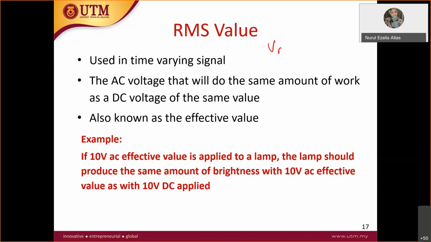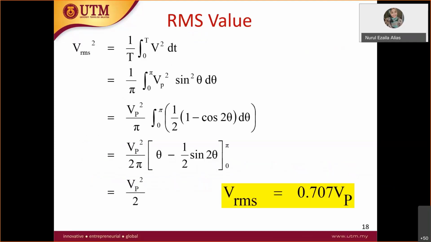The V RMS value must be converted to V peak. How do you convert it to V peak? By using this formula: V RMS squared is equal to V peak squared over 2. In this case, V RMS equals 0.707 VP. We will look at the example later.